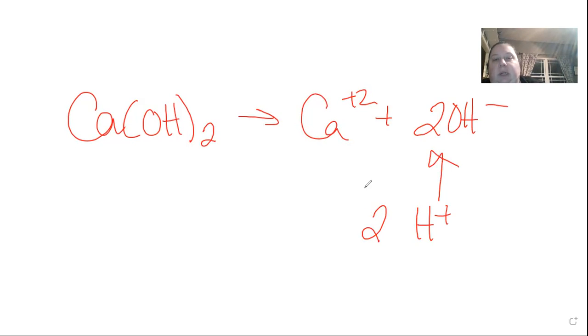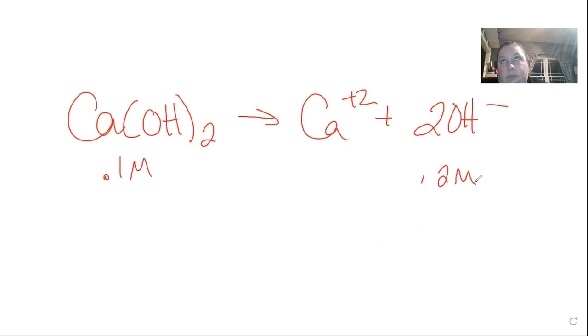For example, if we had 0.1 molar calcium hydroxide, that would produce 0.2 molar hydroxide. So I would need 0.2 molar acid at the same volume to neutralize it.